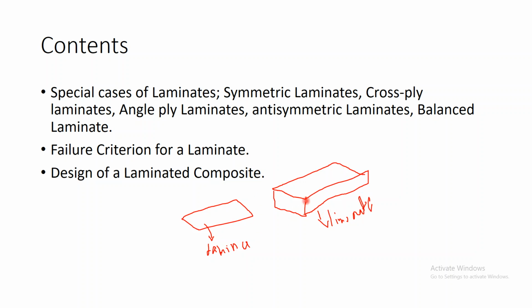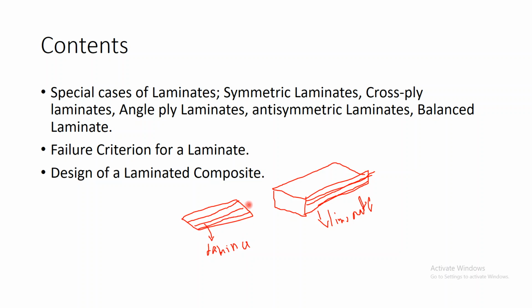Now we will look into the laminate. Where laminas are together, that we can call a laminate. In the lamina, you might have seen the behavior of the orientation of the fibers. The fibers are usually oriented in some specific direction, and that direction is usually given in terms of an angle.